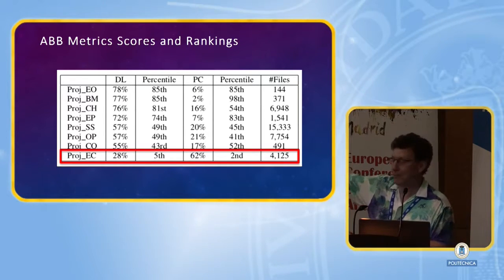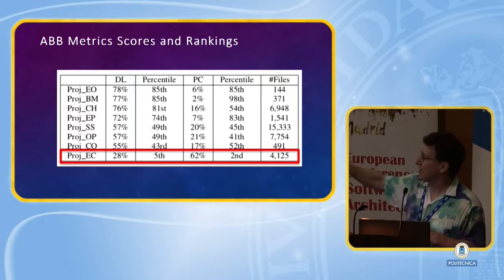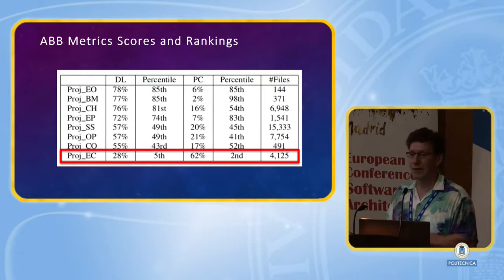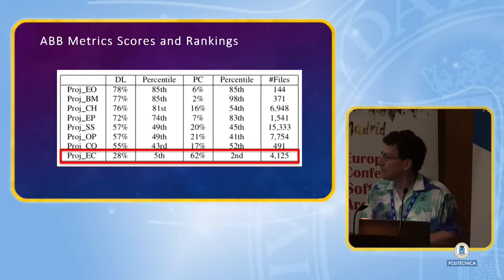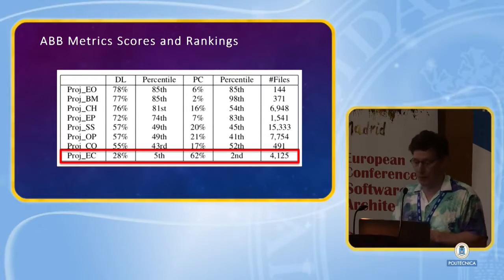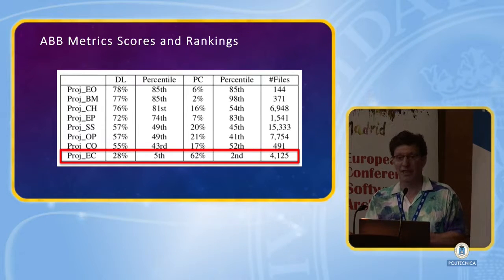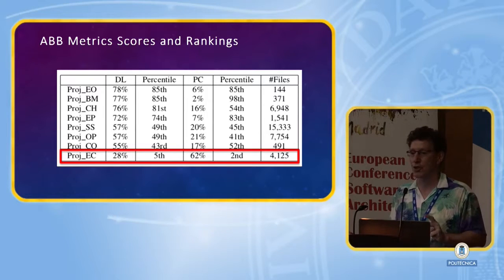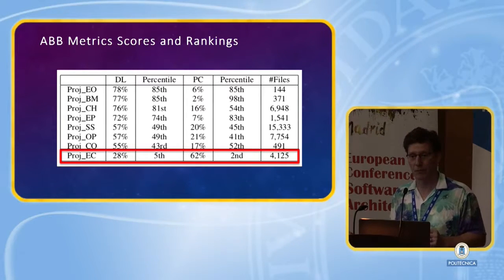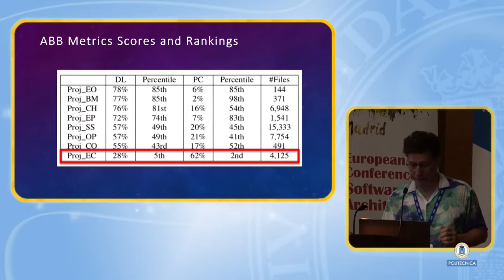This one at the bottom, Project EC, had a decoupling level in the 28th percentile. It was confirmed by the architects to be extremely difficult to maintain. They said that a 1 line of code change could take a person-month of effort in this project.